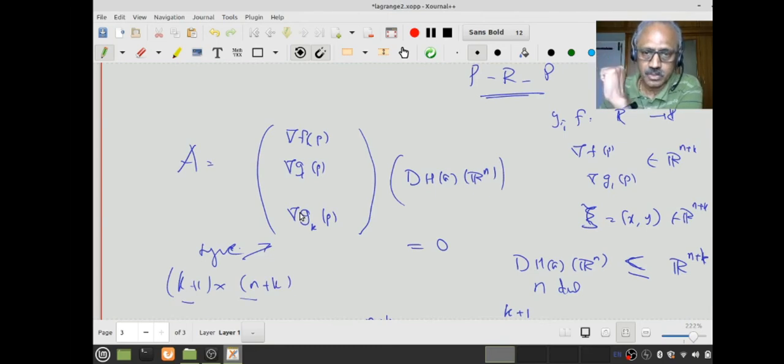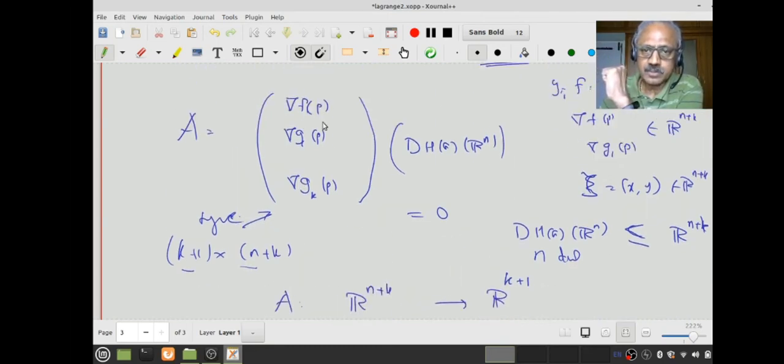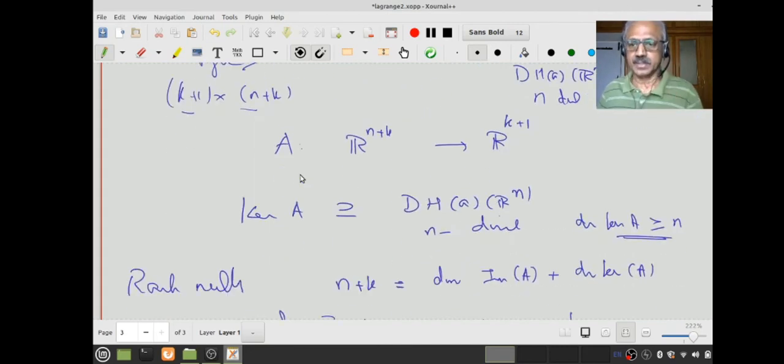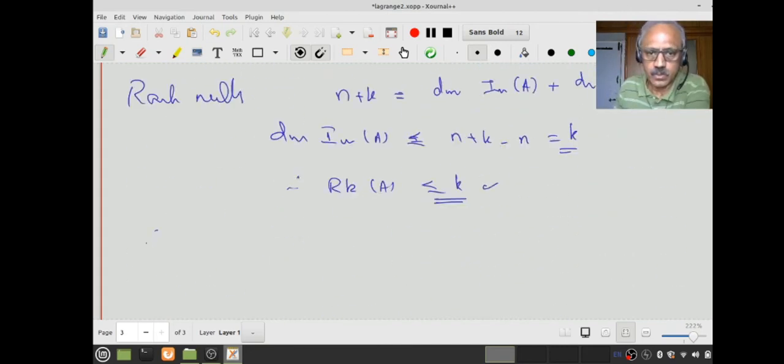Rank of A equals the row rank of A, but the row rank is at most k, and there are k+1 rows. So what does it say? The k+1 rows are linearly dependent.